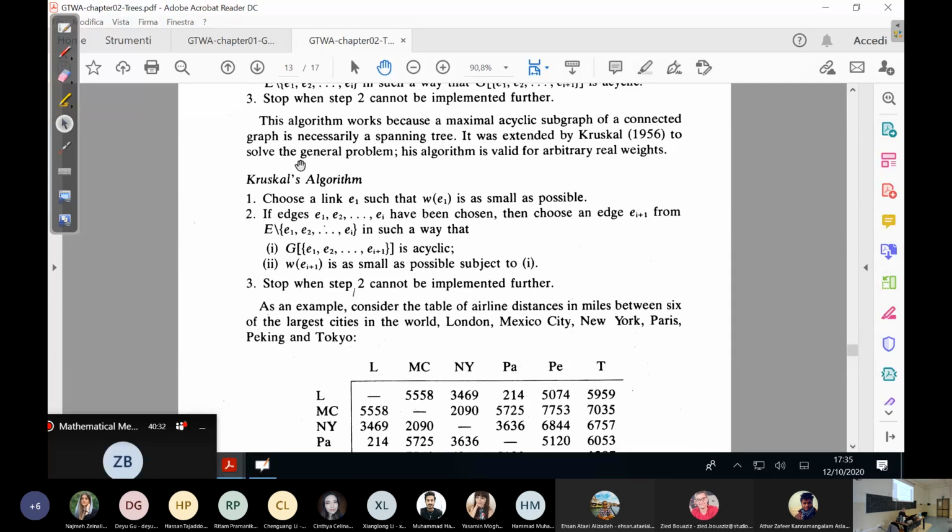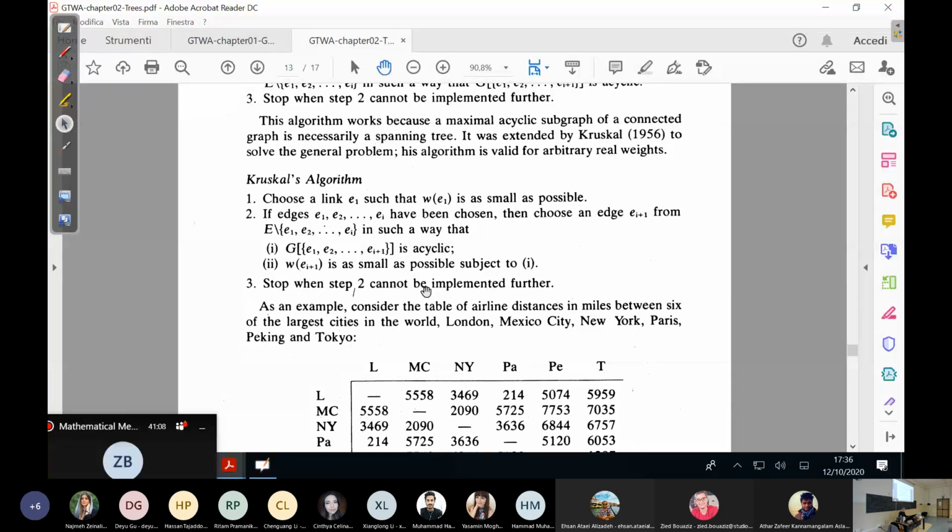Now we have to choose the next one. How to choose it? Choose e i plus 1 from the remaining edges in such a way that two things occur. One, if you add that edge, you don't close a cycle, and among the edges which assure you that you do not close cycles, you take one which has the smallest possible weight.